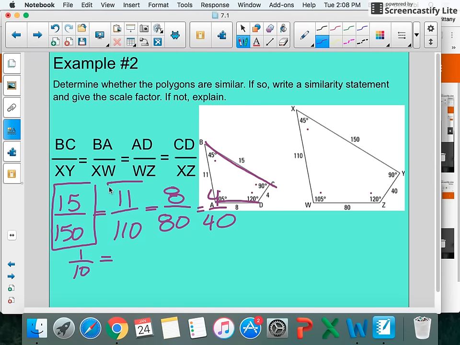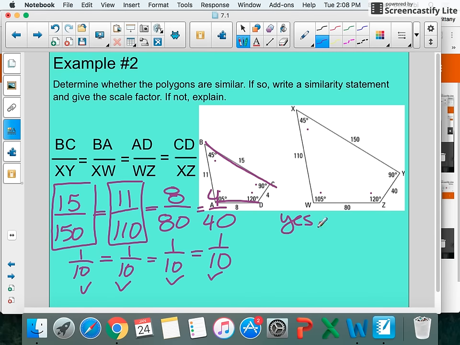Now I'm going to do this one here. I'm going to divide the top and the bottom by 11. That gives me 1 over 10. And then here, 8 over 80 again is 1 over 10, and 4 over 40 gives me 1 over 10. So since they're all the same, that makes it similar.